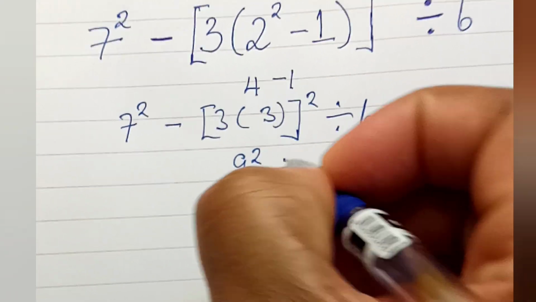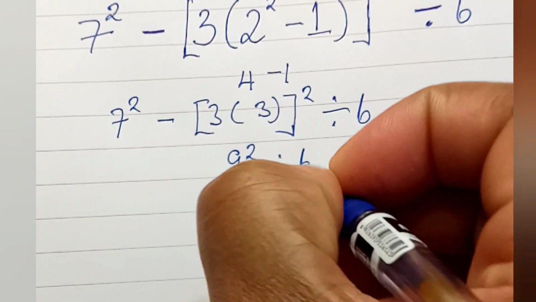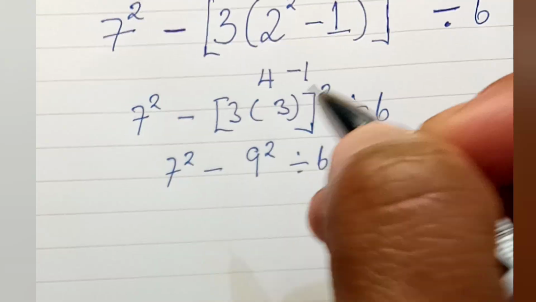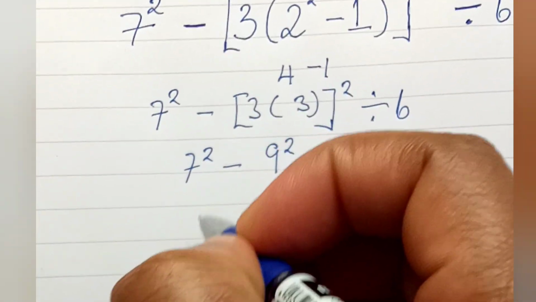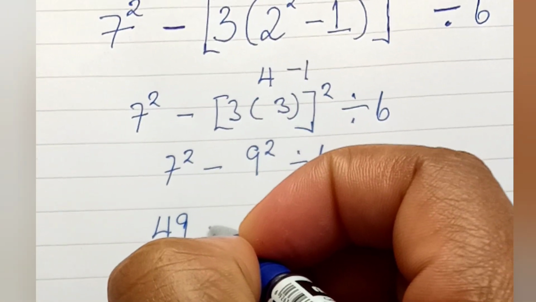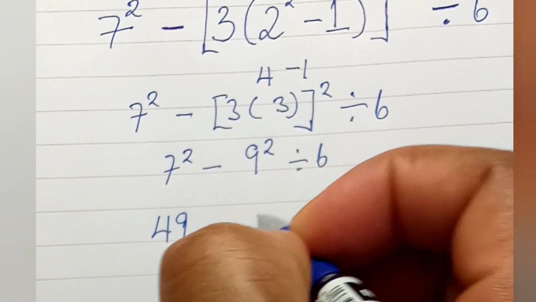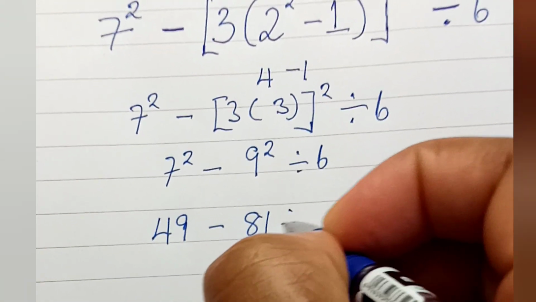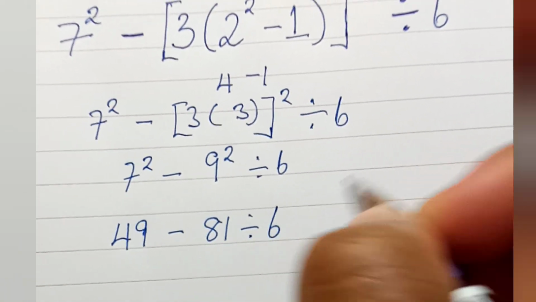So 7 squared minus 9 squared divided by 6. 7 squared is 49, minus 9 squared is 81 divided by 6.